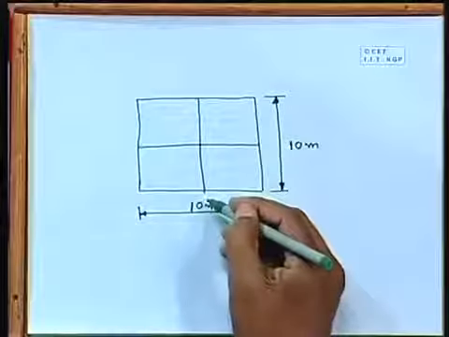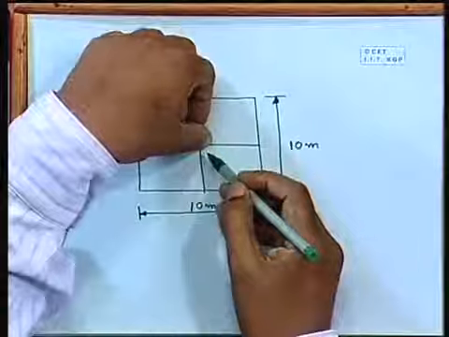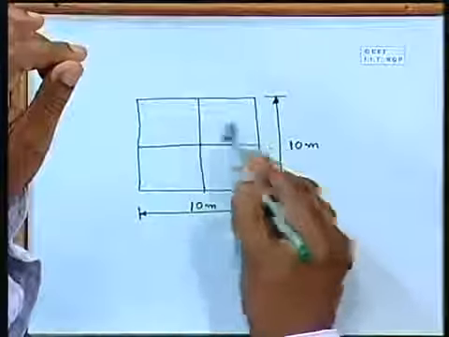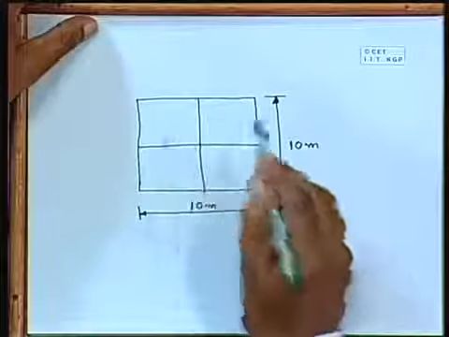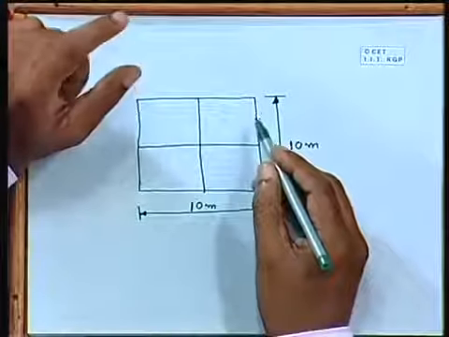So we can give 2 horizontal bars like this in the middle, so that the middle point deflection is less. You will still get deflection at these 4 points, but we can reduce it.